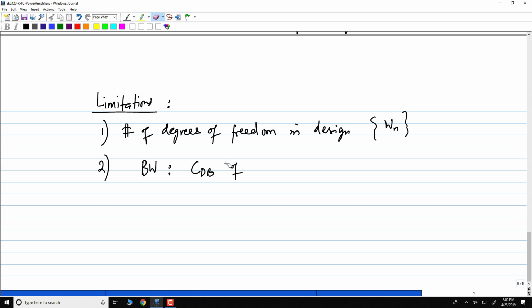Instead of saying that, I'll say parasitic capacitance at the output node. Typically it's CdB.